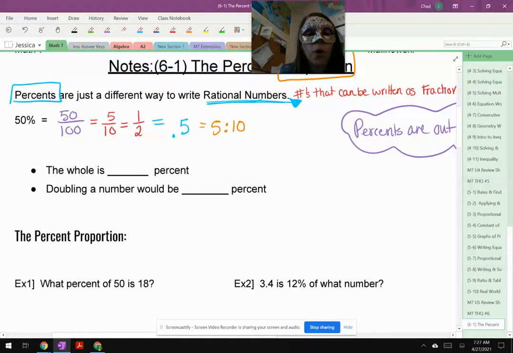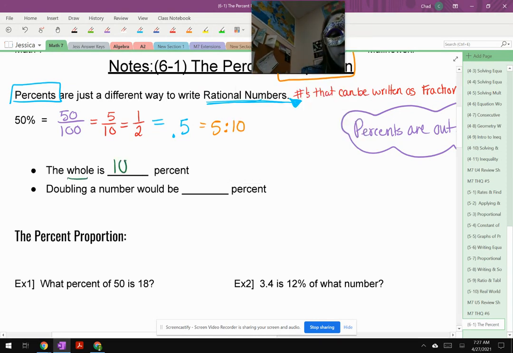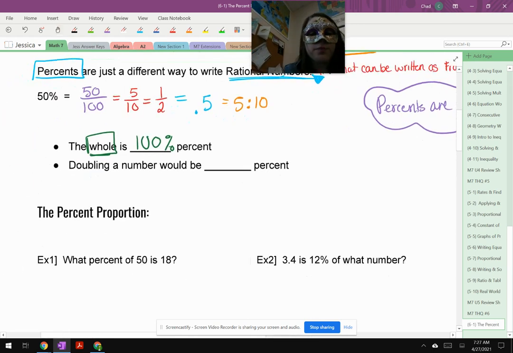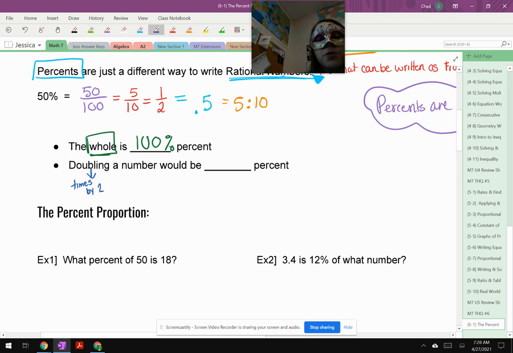Okay, so we're going to be talking about wholes and parts a lot in this unit. When we're talking about the whole, it is always 100%, because like we talked about, percents are out of 100. So if the whole is 100% and you double something, remember doubling just means to multiply by 2, then doubling a number would be what percent?